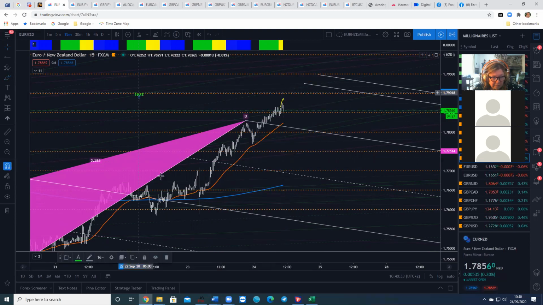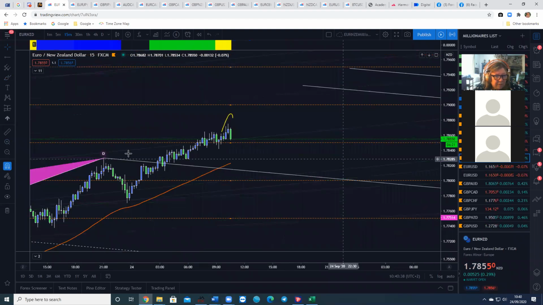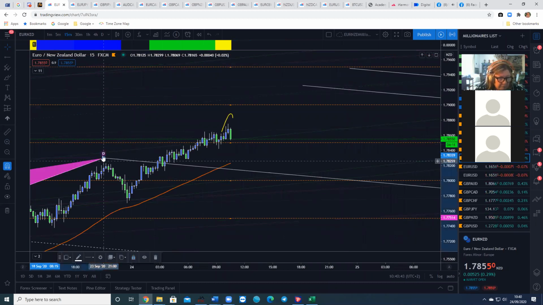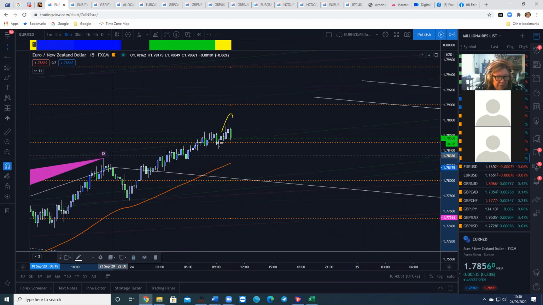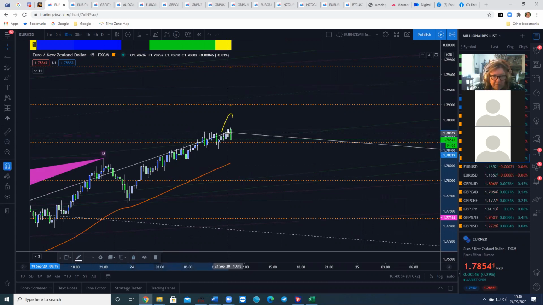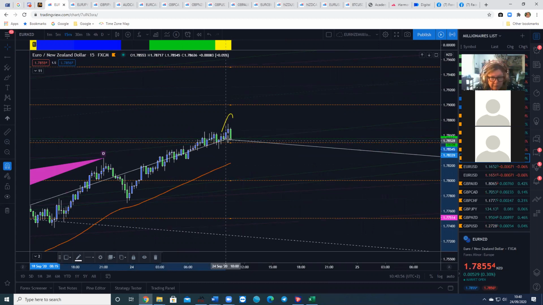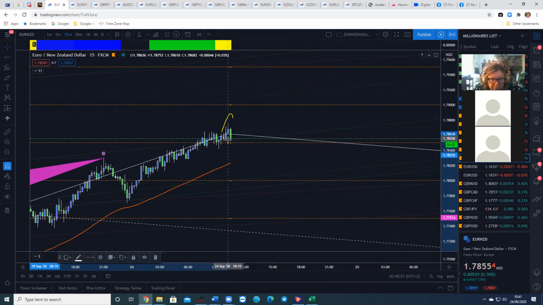So let's get rid of that. And look at that like that. And you can see I need to take off the lock. And move that up to your high point. You can see that's a doji indecision candle, wicked off. Well, it's sort of a doji.